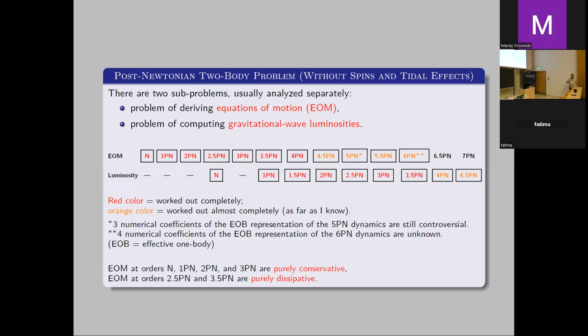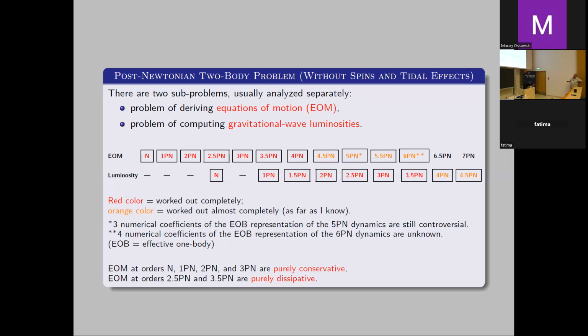This is the most compact representation of the dynamics, which is canonically equivalent to any other representation you can possibly imagine using. And there are three numerical coefficients which are controversial. That is, different approaches give different numbers. Also, 6PN is almost ready by tutti frutti methods. But here, there are at least 4 numerical coefficients which are still unknown, and there is nothing to be compared with.